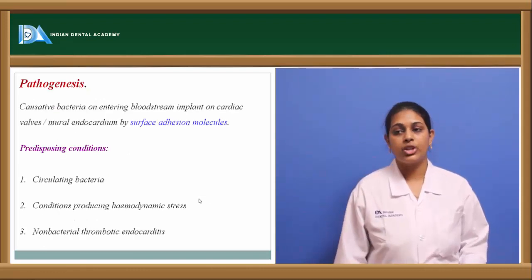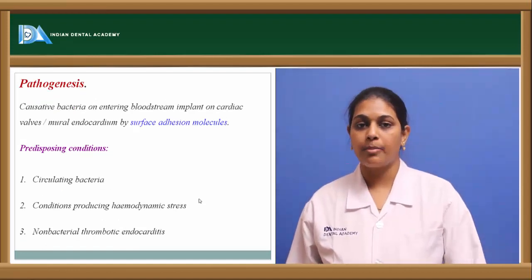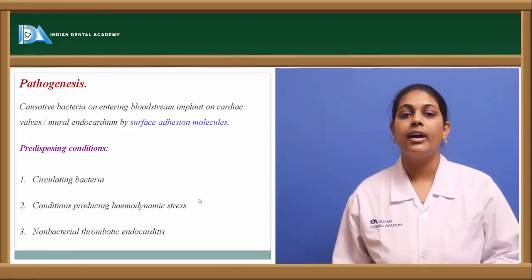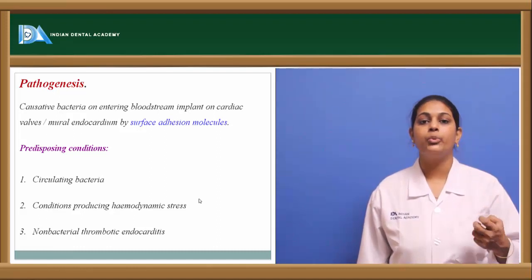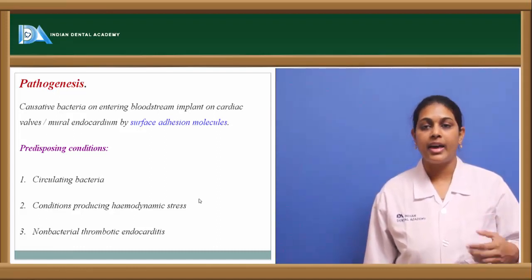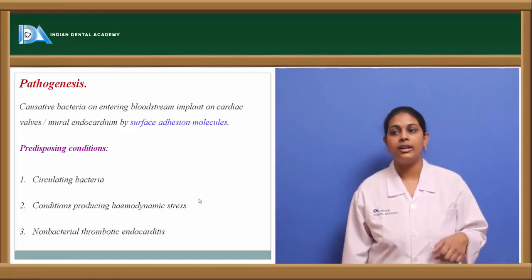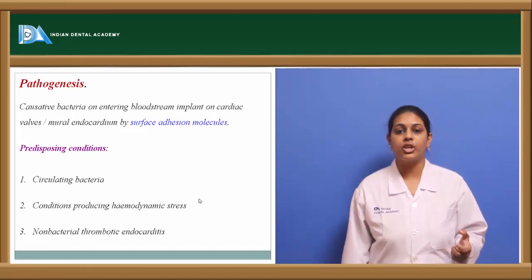So coming to the pathogenesis of bacterial endocarditis, it is usually the causative bacteria or microorganisms. Once they start entering the bloodstream, they can reach through the circulation and invade the cardiac system, and there they might lie or implant on the cardiac valves, otherwise known as mural endocardium, with the help of certain surface adhesion molecules.